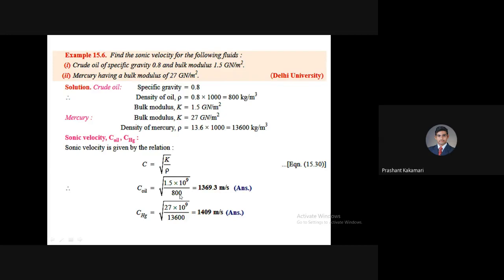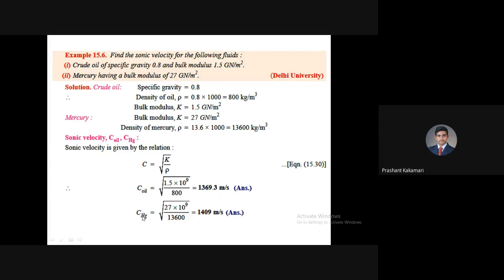The properties are from the first chapter only; only the formula is new. So 1.5 into 10 raised to 9 by 800 comes to around 1369.3 meter per second. This means the speed of the sound in the oil is 1369.3 meter per second.